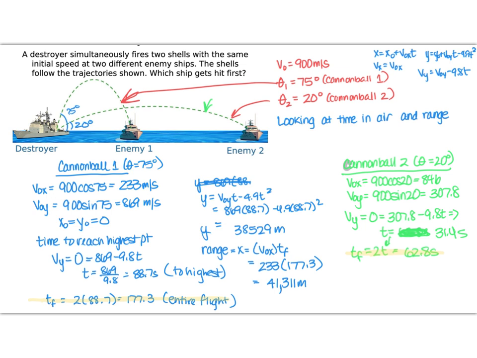How high does Cannonball number 2 get? Its maximum height, if I put in the value, the 31.4 seconds, is actually 4,836.